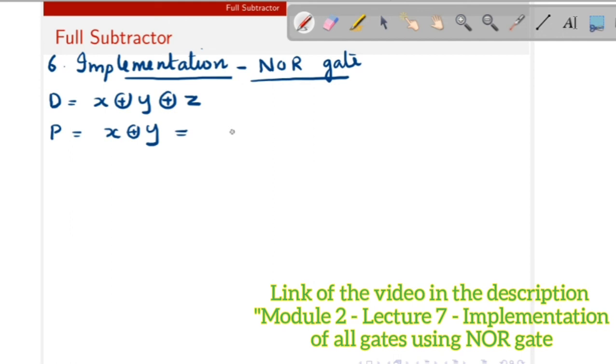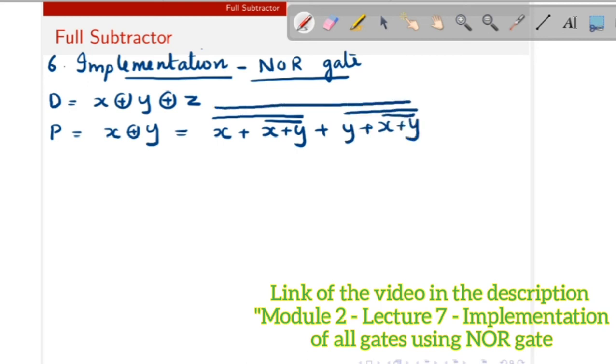See the video implementation of all other gates using NOR gate for the derivation. In that video we derived x XOR y as x plus y bar whole bar plus y plus x plus y bar whole bar whole bar.